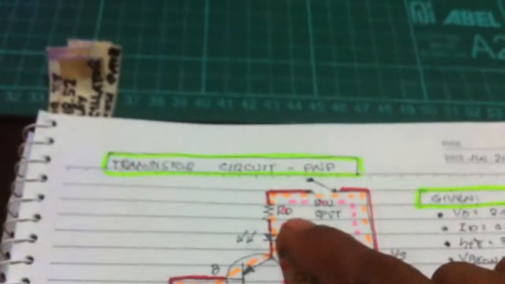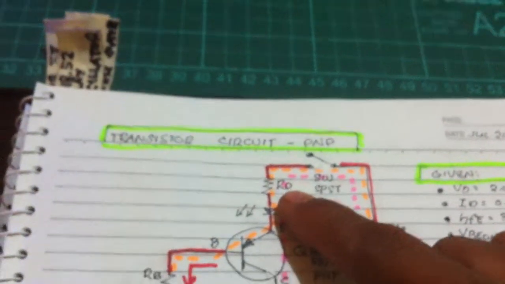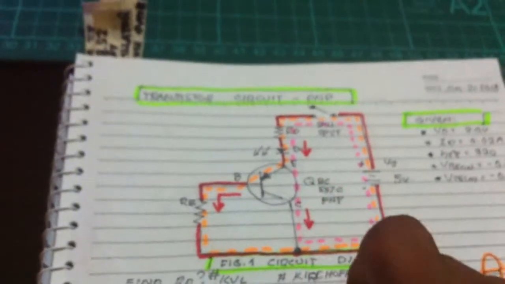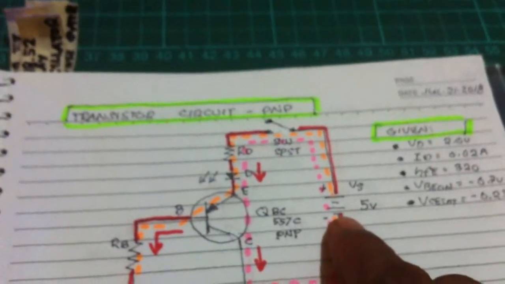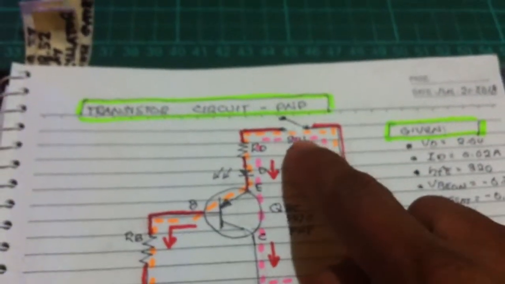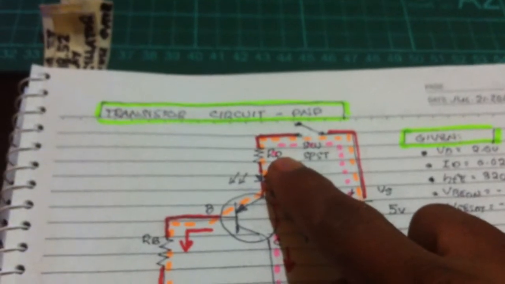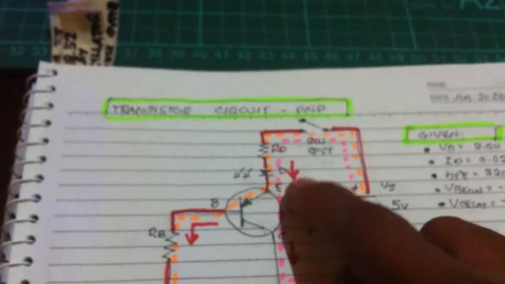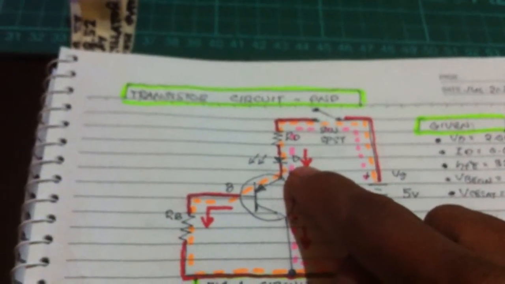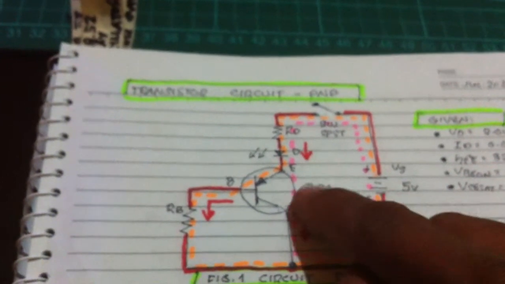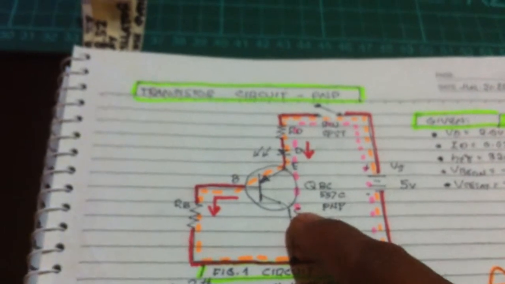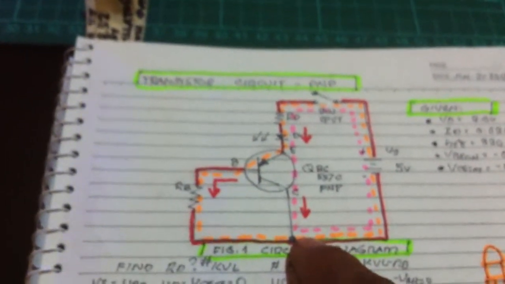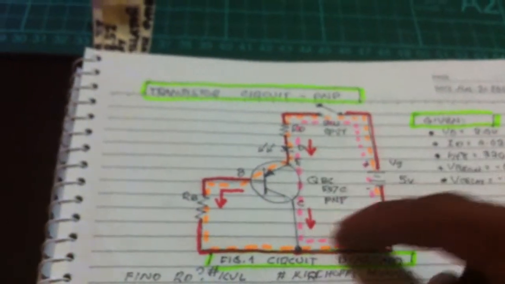Let us calculate the value of RD here using Kirchhoff's voltage law. Voltage supply minus voltage drop across the resistor minus the voltage drop across the LED and voltage drop across the emitter to collector of the transistor and to the ground. That is the Kirchhoff's voltage law.